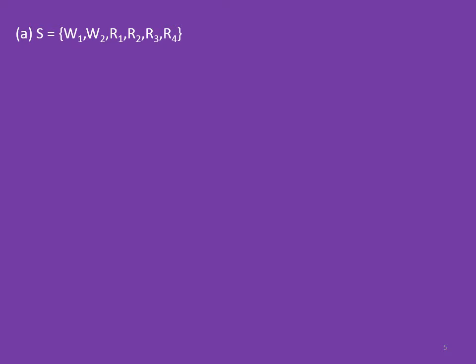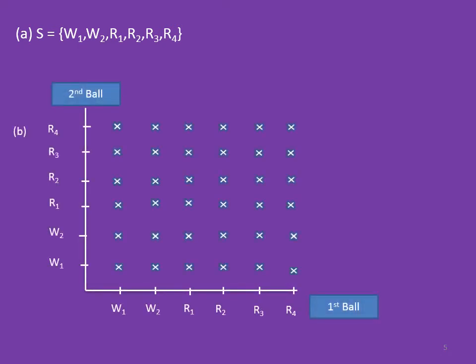Part B, if the ball is put back into the box and the ball is randomly drawn out again and its color is also noted, draw the sample space of the equally likely outcomes of this experiment on a grid. Label the axes as first ball and second ball. What are the colors? W1, W2, R1, R2, R3 and R4. You are getting the same color for both axes.